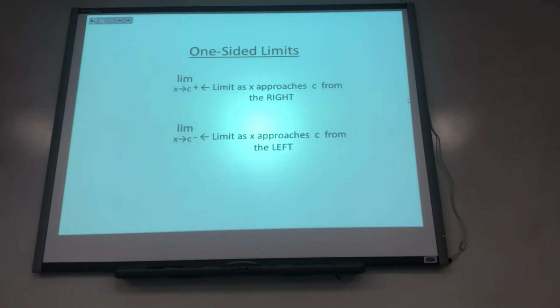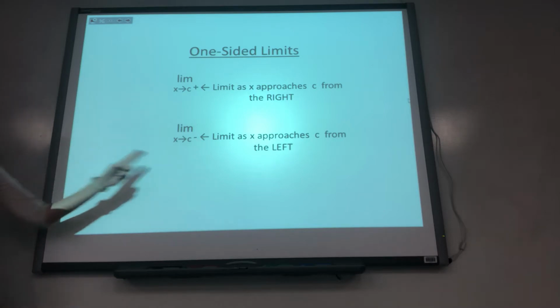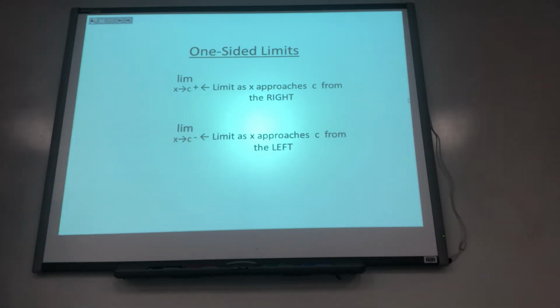Now, I'll go ahead and just put the other one up here because it's just the opposite. Now, it has the limit as x approaches c, but then up where like an exponent would be, it has a minus sign. That indicates that you're finding the limit as x approaches c from the left. The minus sign means left.